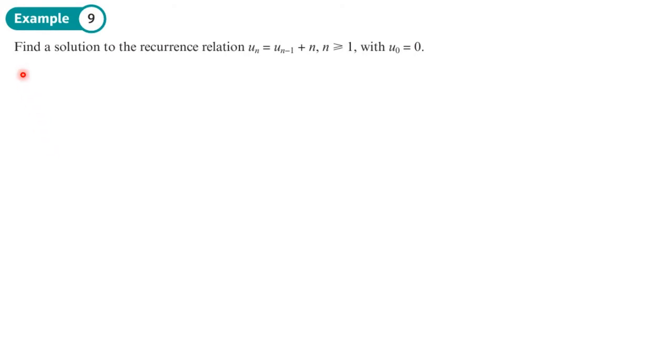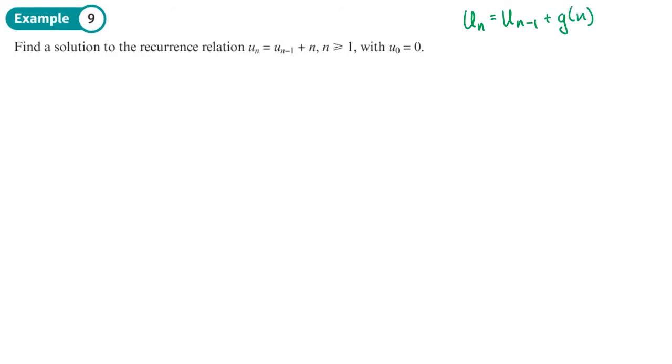So in this question, we need to find a solution to this recurrence relation where we've been given u_0. And if we have a recurrence relation of this form, now this one is non-homogeneous because we've got a function of n here. So this is plus n. So the form of this is u_n equals u_{n-1} plus this function of n.